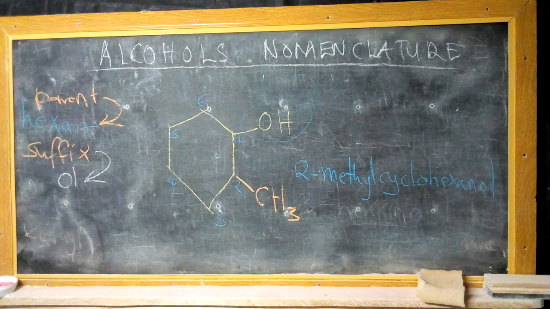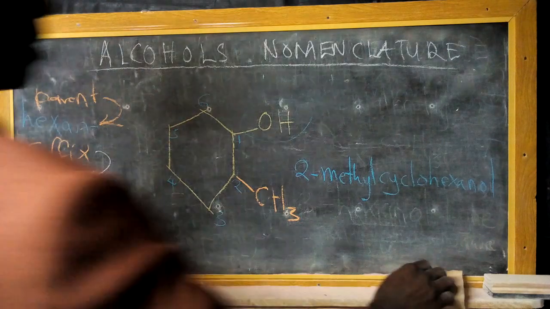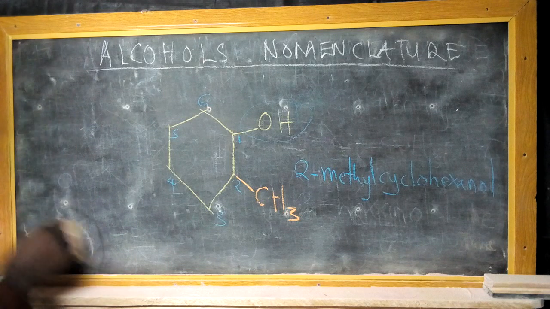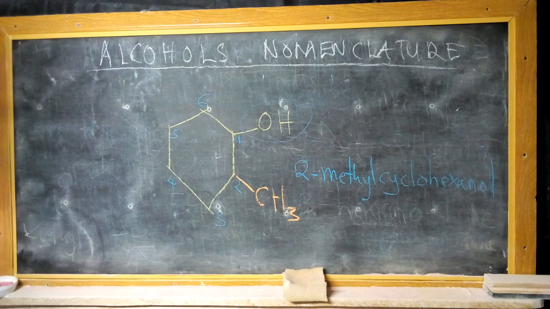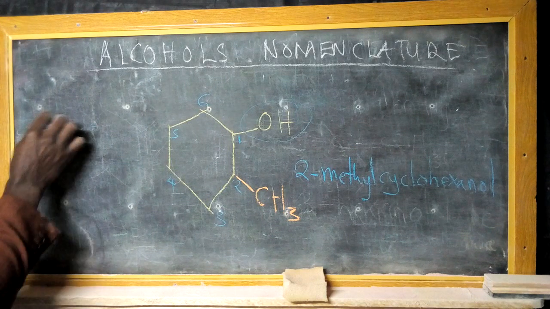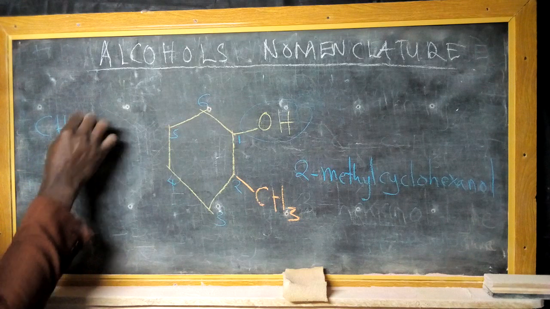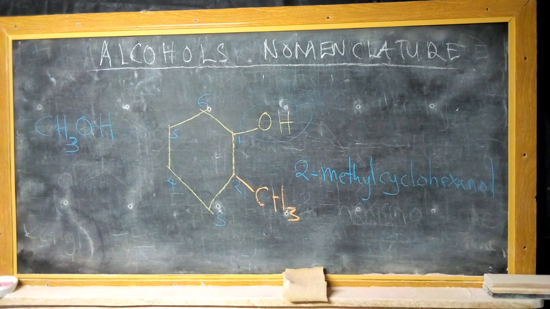As we have said, alcohols are compounds containing a functional group that is OH covalently bonded to the carbon atom of a molecule. The simplest member of this alcohol from the alkane series is methanol, whose molecular formula is CH3OH.